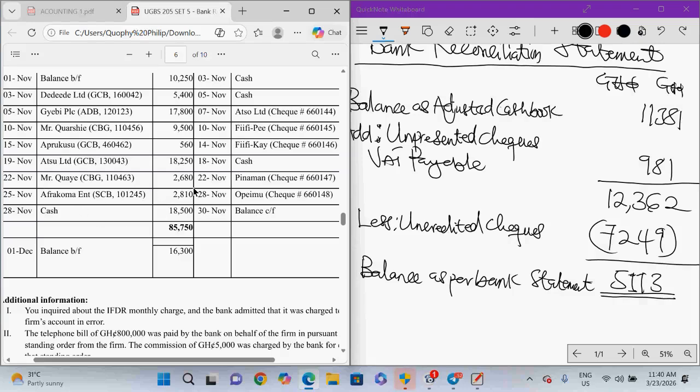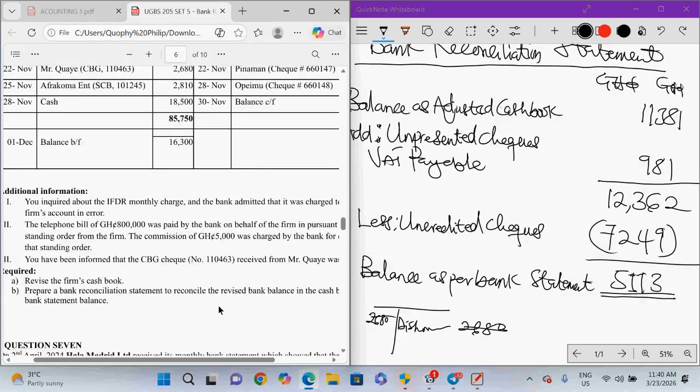Now they are saying it has been dishonored, so you are going to record it at the opposite side. That is when you are doing the adjustment, right? So the amount was 2680. If you are canceling it, then dishonored checks will come to the credit side, 2680. This will cancel this. So you are going to adjust the adjusted cash book, right? So that is it.